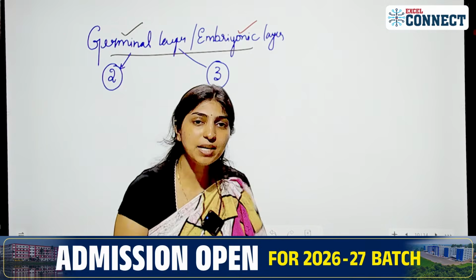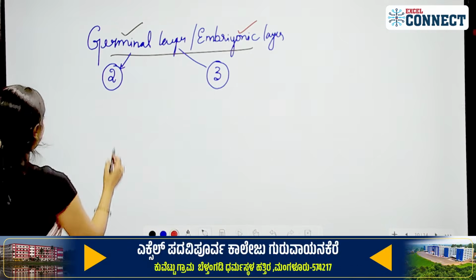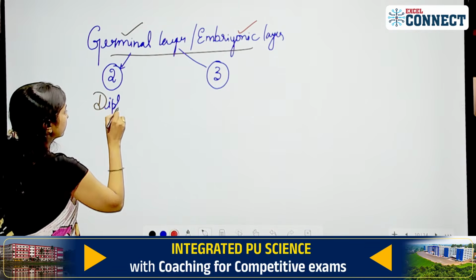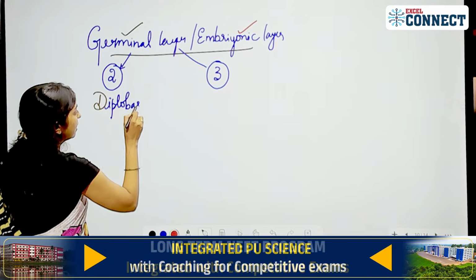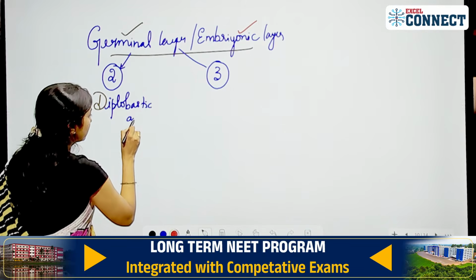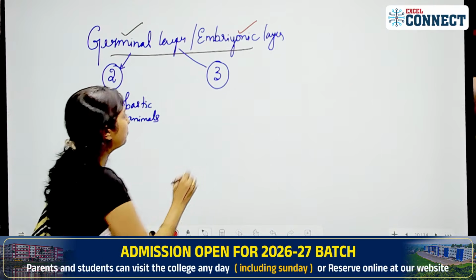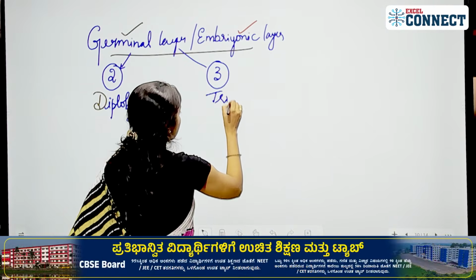So it is named as diploblastic animals and triploblastic animals. What is it named as?